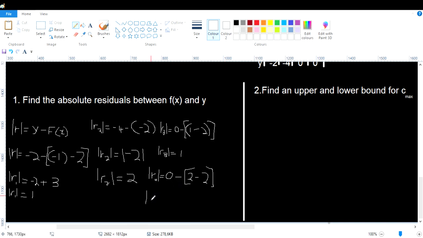So here residual 4: 2 minus 2 is 0, 0 minus 0, answer is 0. Therefore here are our residuals, or we can write all of them in order.